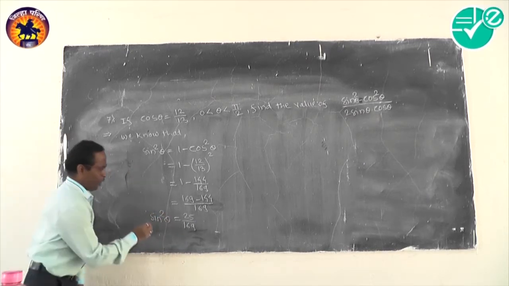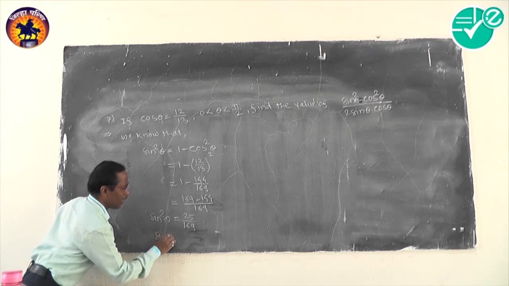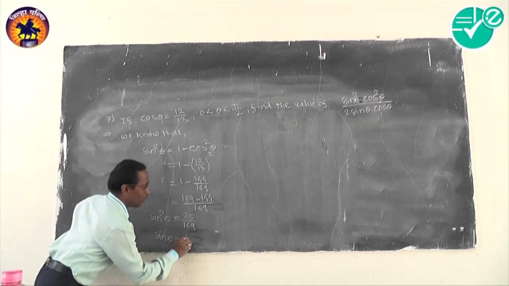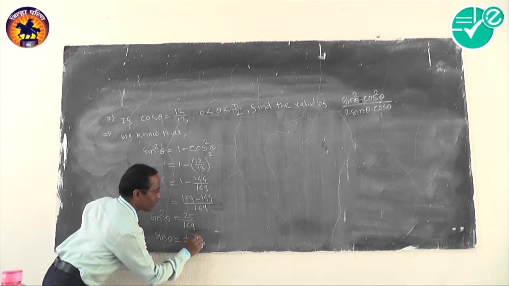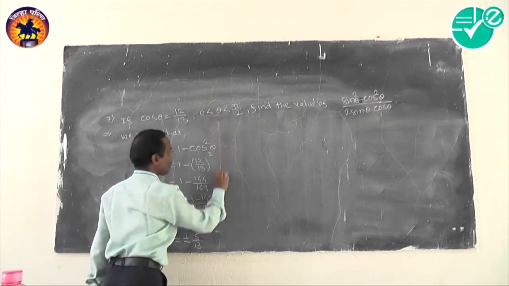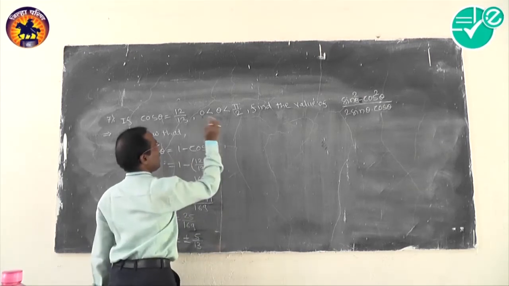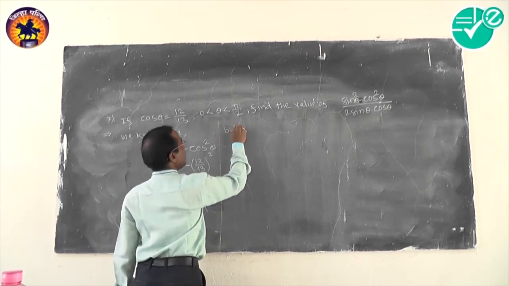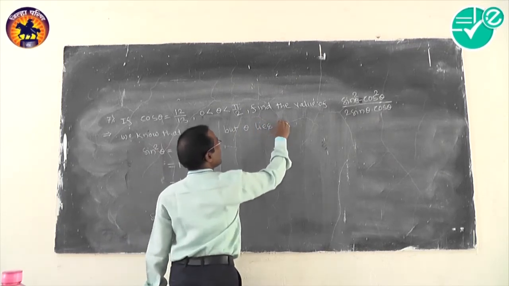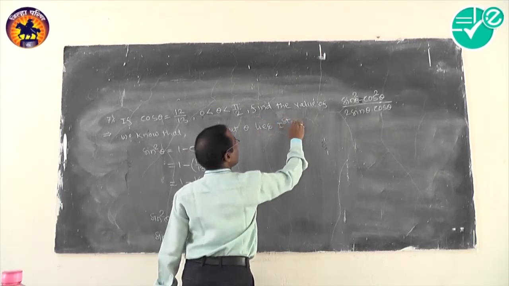Then what is the value of sin theta? Now we are going to take the square root. There are two values, plus or minus 5 upon 13. But what is given? Theta lies in the first quadrant.